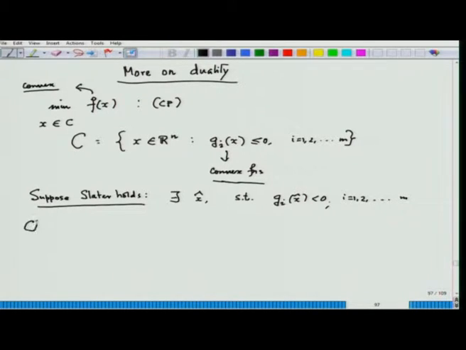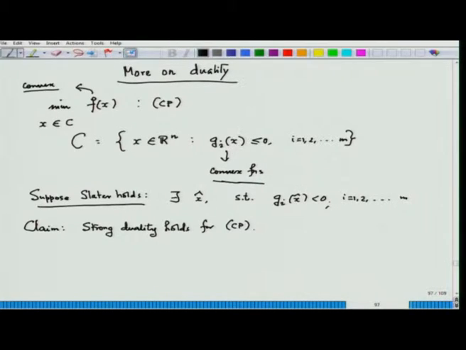My claim is the following: strong duality holds for CP. Now, the issue is that Slater condition must hold, that is, we are assuming that this set C has a non-empty interior.